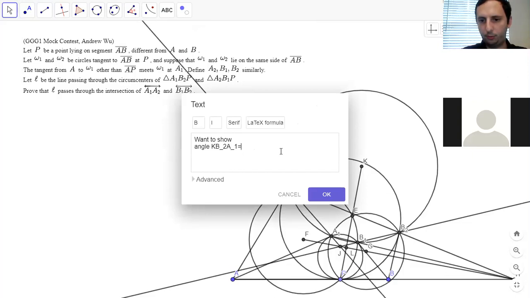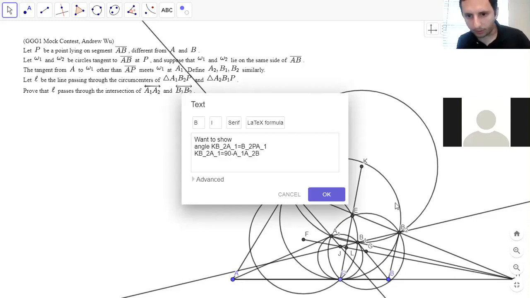I think it was B2PA1, right? Yeah. Okay. But angle KB2A1 is 90 degrees minus angle A1A2B. Let's see.